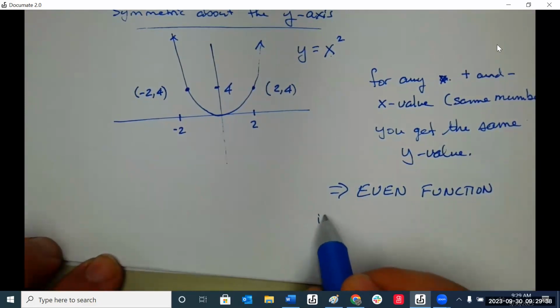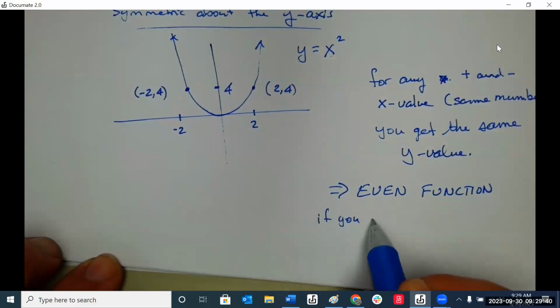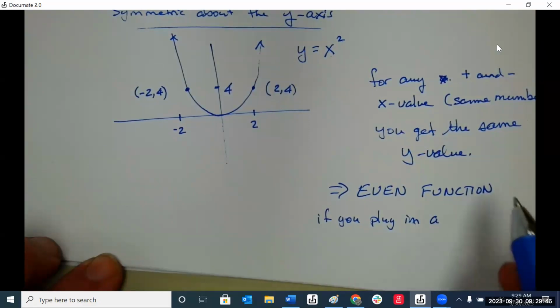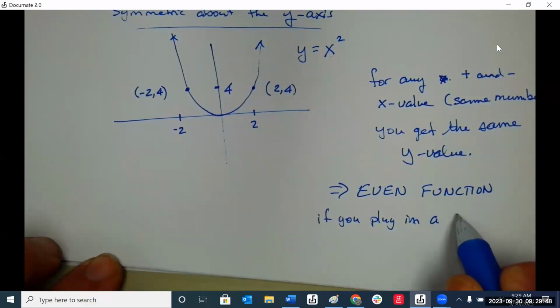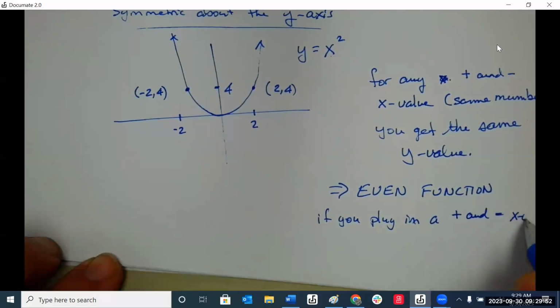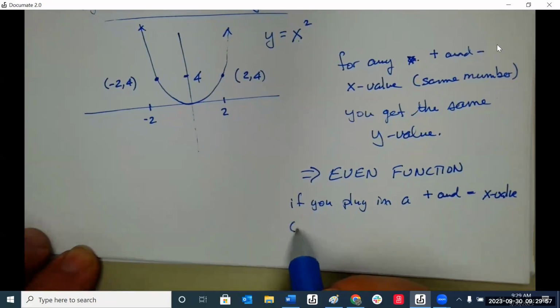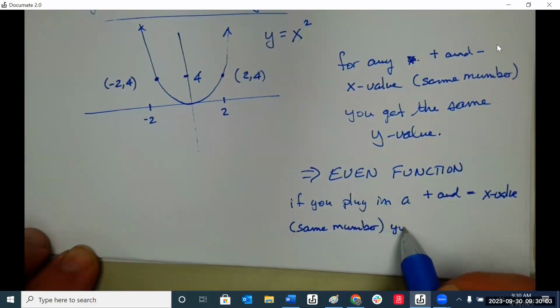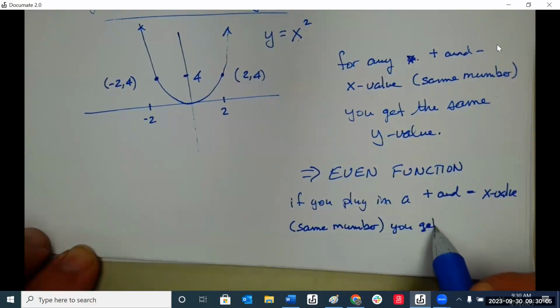Even function is if you plug in a positive and negative x value, same number, you get the same y value.